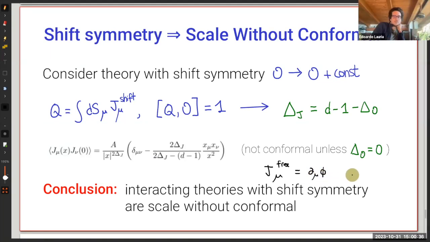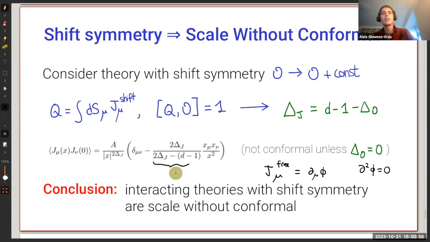And this thing is conserved because this field is free, like this squared phi equals zero. So this shift current for the free field is actually a descendant. And it turns out that for a descendant, this coefficient doesn't need to be 2. This coefficient I was calling alpha equals 2 actually has to be some other number.